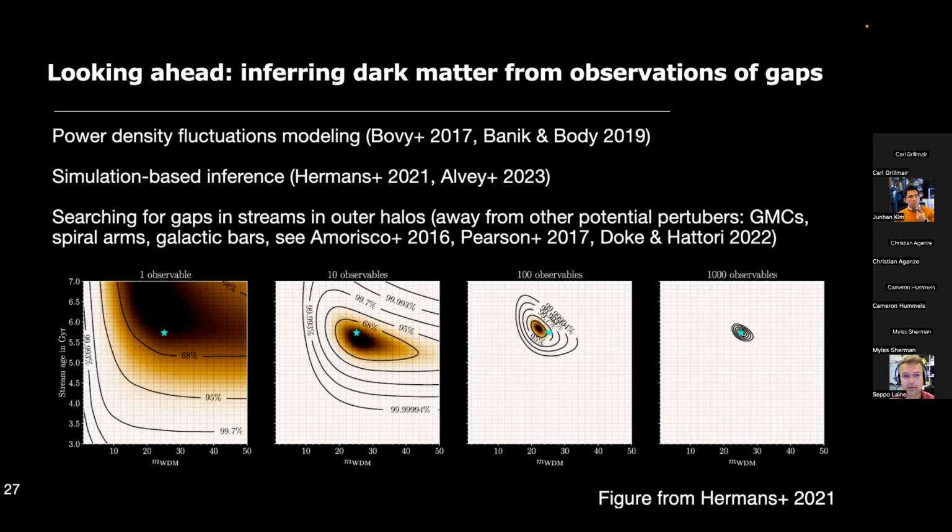Is that right? Well, that's one thing you could do with RR Lyrae. Yeah, I'm wondering if there's any distance information. Yeah, I mean, the GD1 stream is from Gaia, so we have really good parallaxes. Are there parallaxes to it, or is it just proper motion?